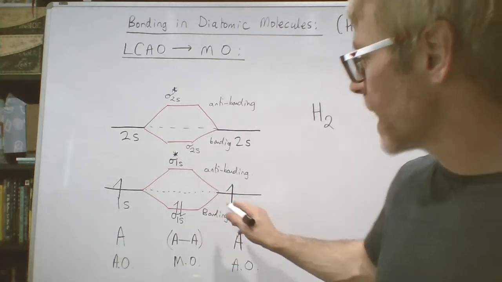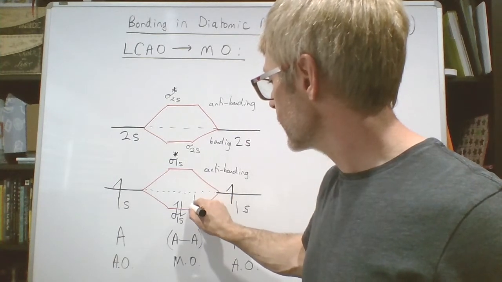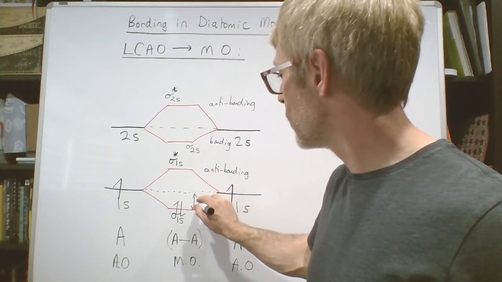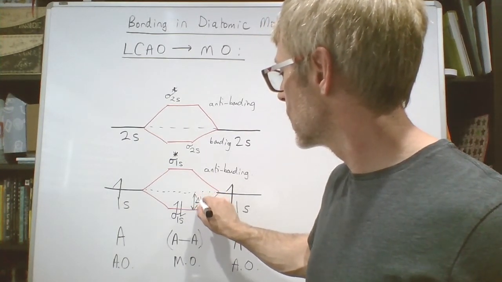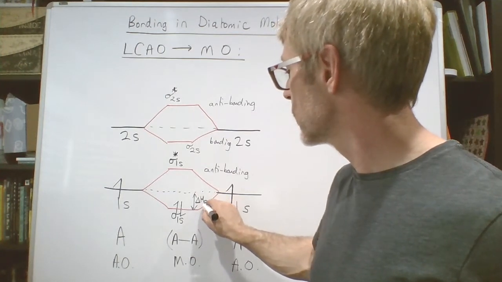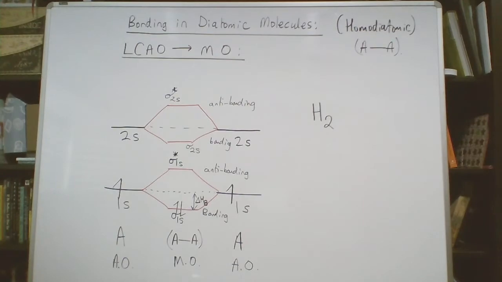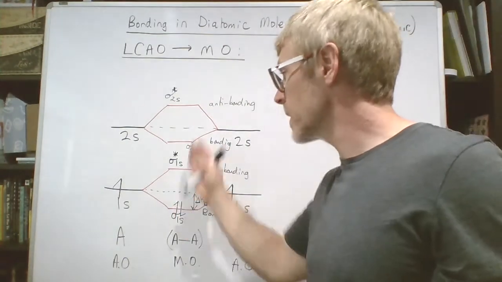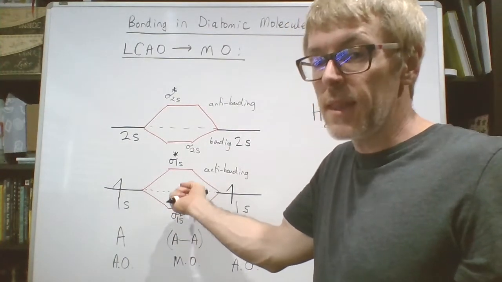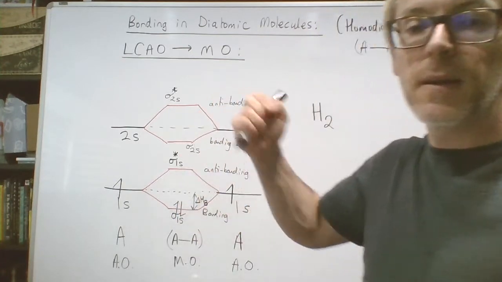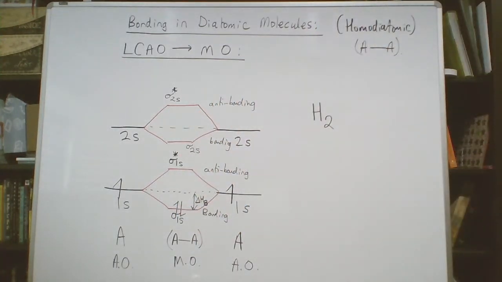So this depth here essentially would be the bond strength. So the enthalpy of the bond, that would be a representation of the bond strength. And if you wanted to break the hydrogen bond, you'd have to pay that energy price to lift the electrons back out again and separate them.